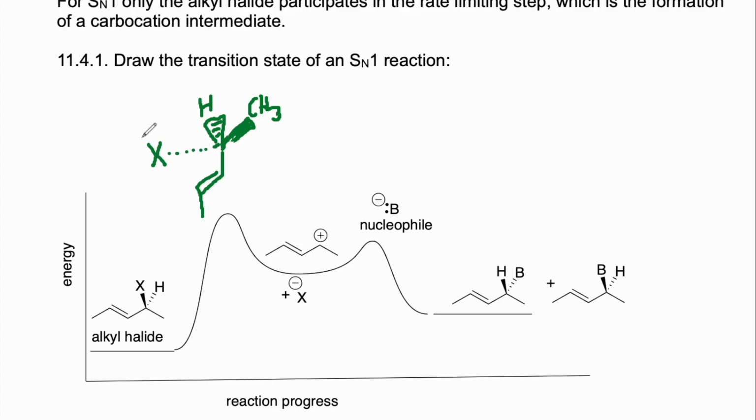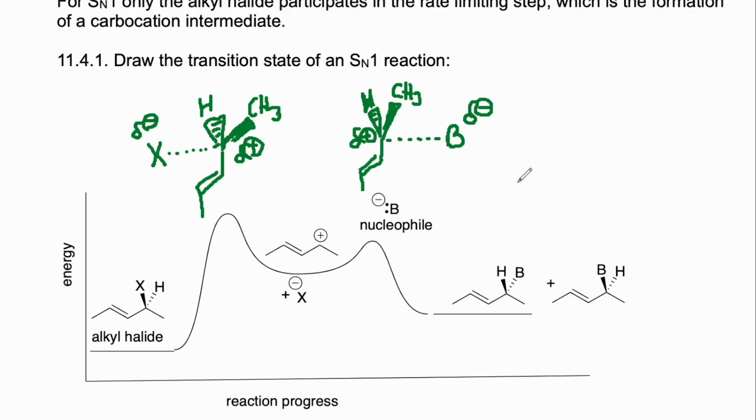And then this X group is leaving off to the left. We have a partial negative charge on that because when it leaves it's going to be negative. We have a partial positive charge on the carbon that is being left behind because that is going to be positive when those electrons finish leaving. So we have this flat carbocation.